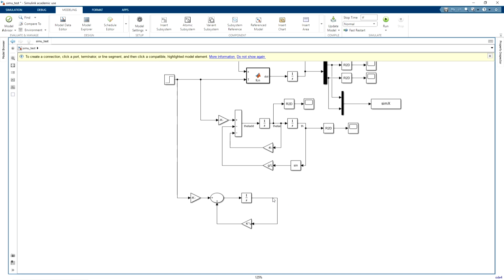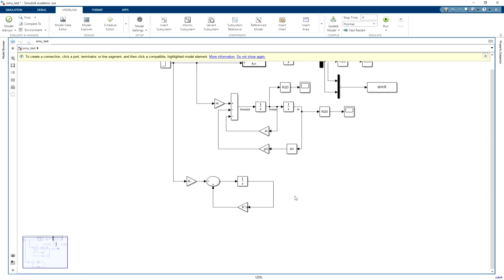So now here we have a vector. Now again we need to demux the signal so that we can easily plot x1 and x2, which are angular position and angular velocity.